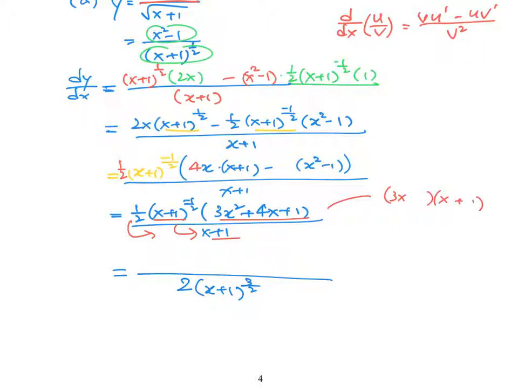So you have plus 1 plus 1. Wow, that's really a simplification, which is 3x plus 1 and then x plus 1 afterward. So x plus 1 can be further cancelled, and you have (3x plus 1) divided by 2 (x plus 1) to the power 1 over 2.